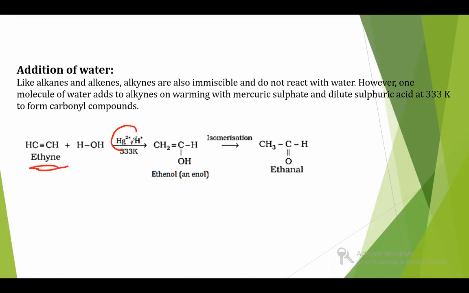In presence of mercuric sulfate, this OH minus negative part adds to the molecule, to the carbon and hydrogen, this side or this side, no problem, any one side. One hydrogen attaches here, one CH is there and one OH gets attached here. Then what will happen?